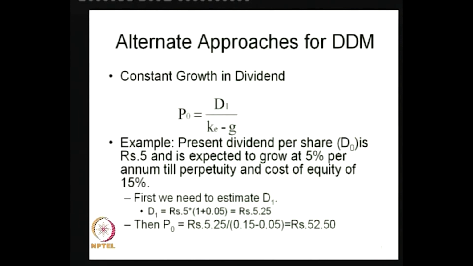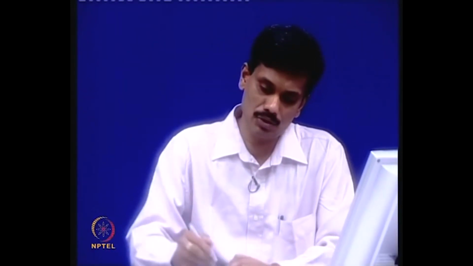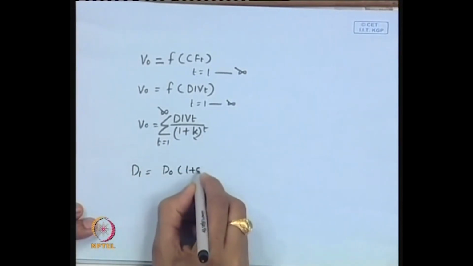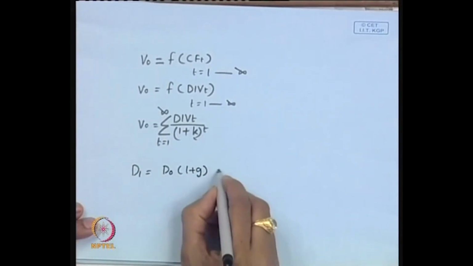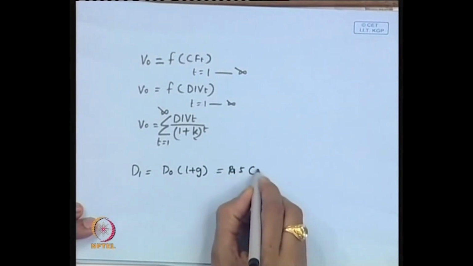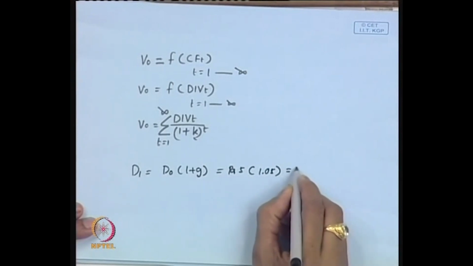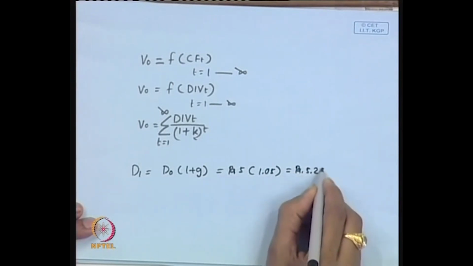In that case, one has to find out D1, the dividend 1. D1 is nothing but dividend 0 into 1 plus g. So, in this case we have rupees 5 into 1.05, the 5% growth rate. That comes to rupees 5.25.